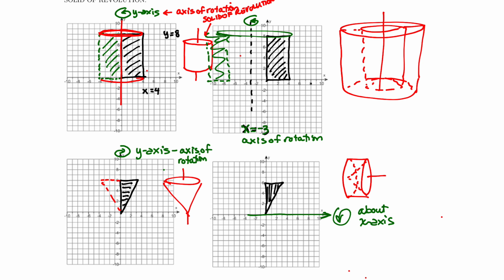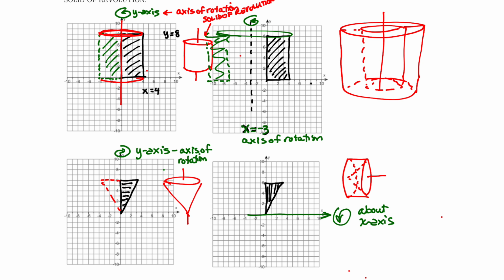So if I was to take this shape right here and cut it perpendicular to the axis of rotation, and then take out a slice, what would that be? If I was to cut it and pull out that slice, is it the same as if I was to cut this and take the slice out?